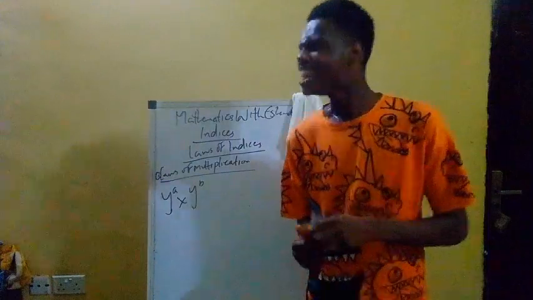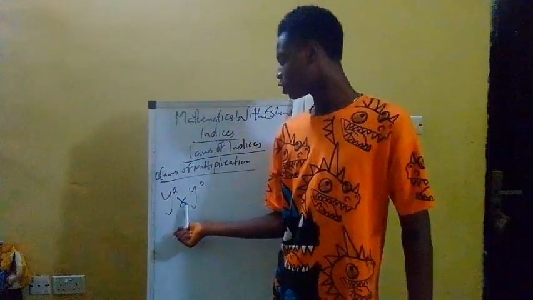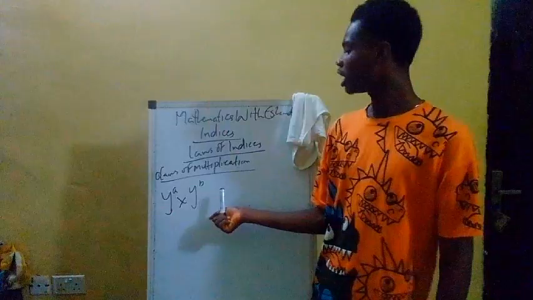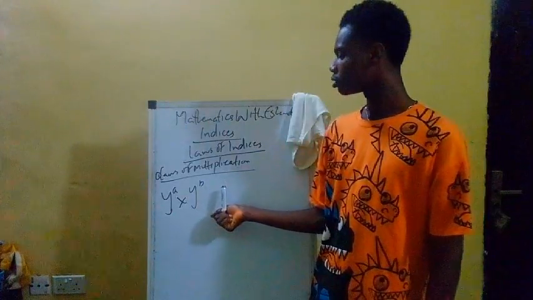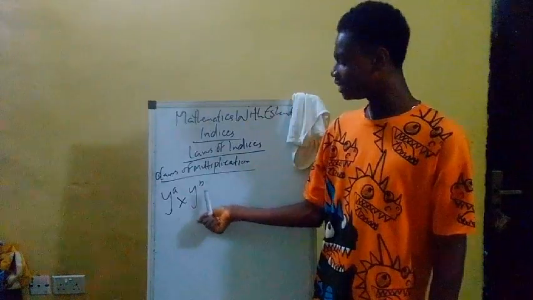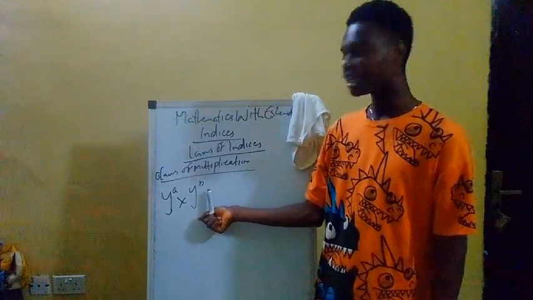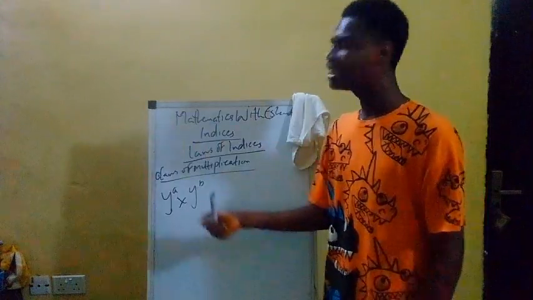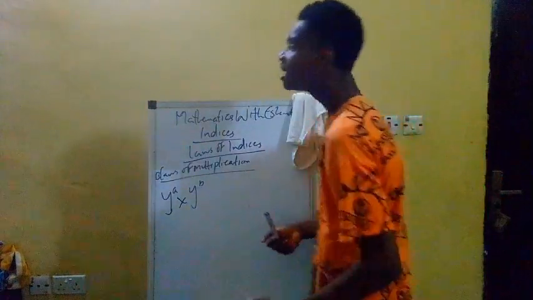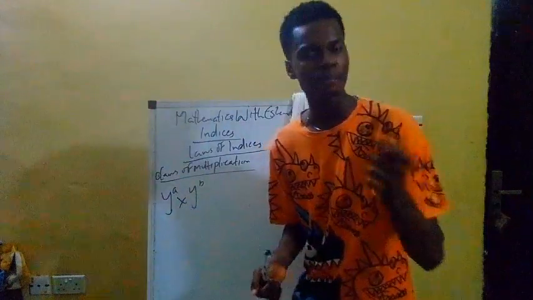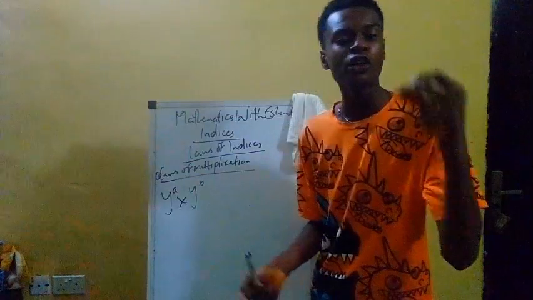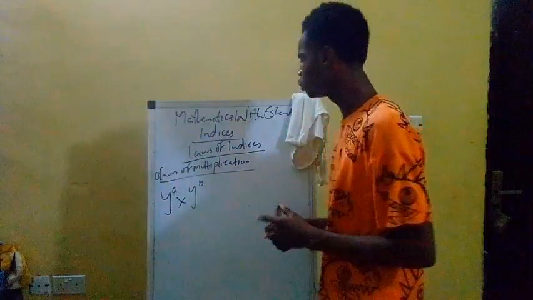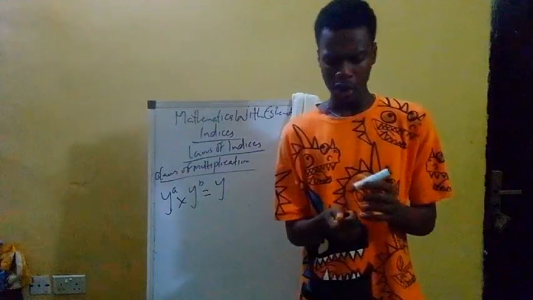In indices, whenever you have multiplication and your bases are the same, the first thing you must do is bring out the whole number, that is y. There is y here and there is y here.